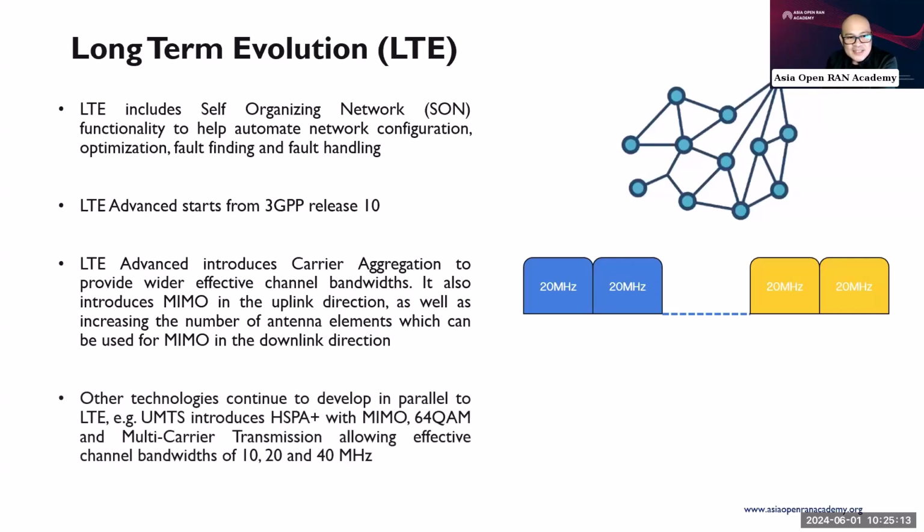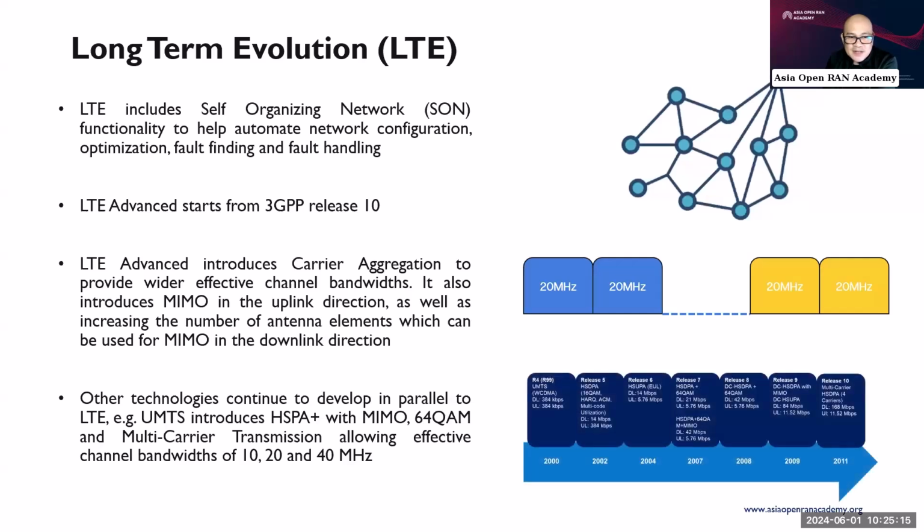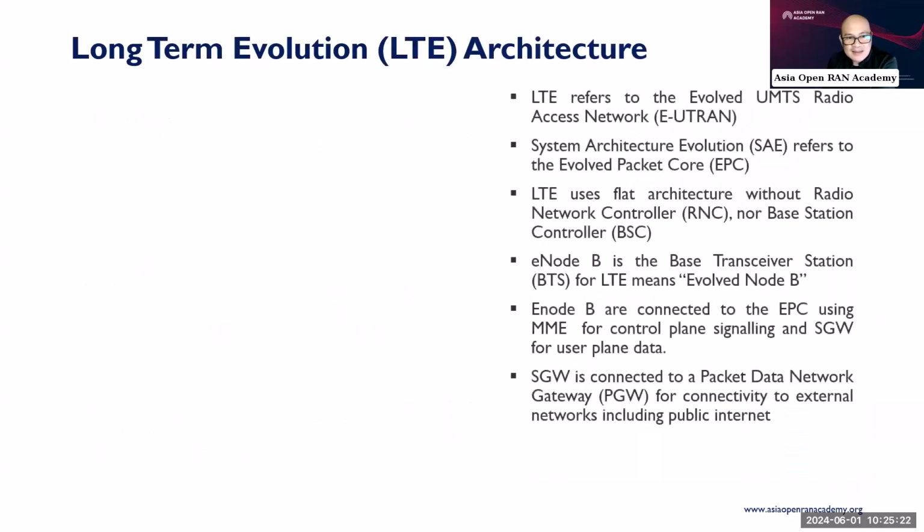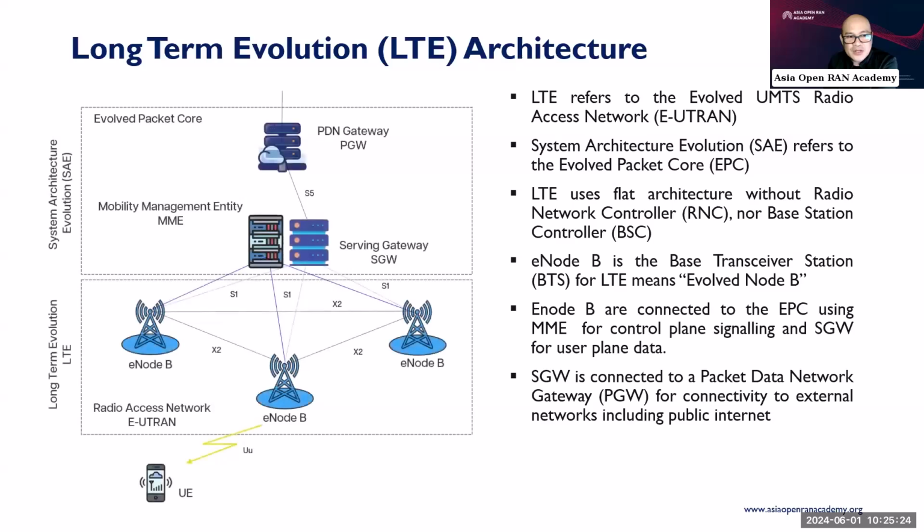Other technologies evolved too. This is what we discussed earlier for 3G. And if you look at the architecture of LTE, it's very flat. You have the core network, and you no longer have the base station controller and the radio network controller. They embedded those inside the eNodeB.